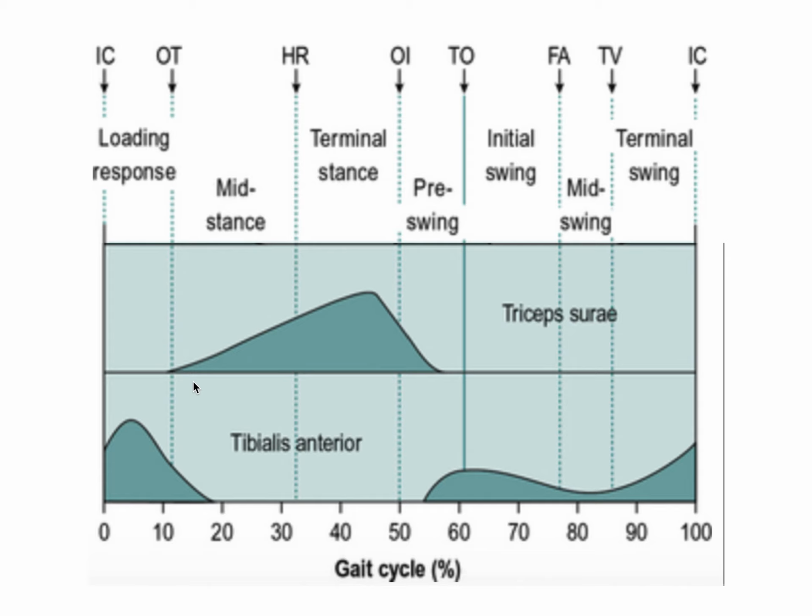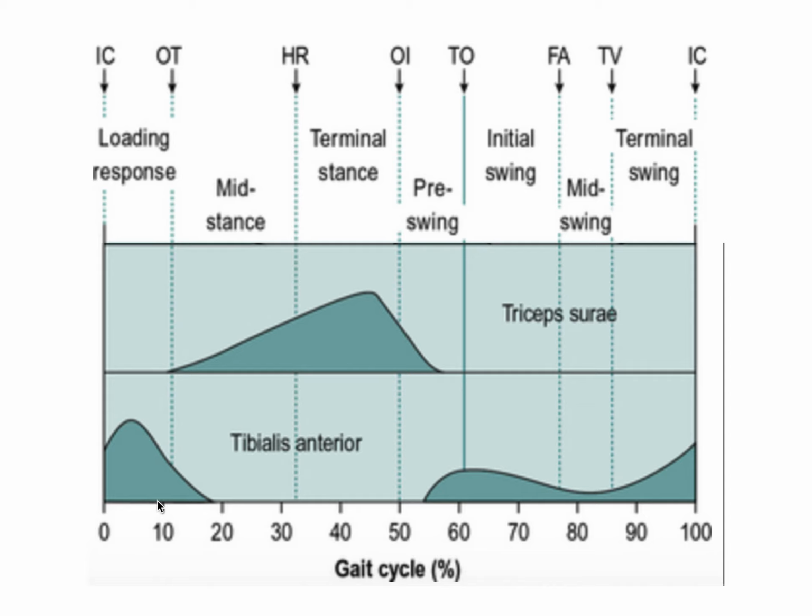That's the typical EMG response for gastrocnemius, or your calf muscle, and tibialis anterior. So let's take a look at the loading response. That's when your heel is contacting with the floor. And you can see actually the tibialis anterior is activated in this phase. Why does that happen?